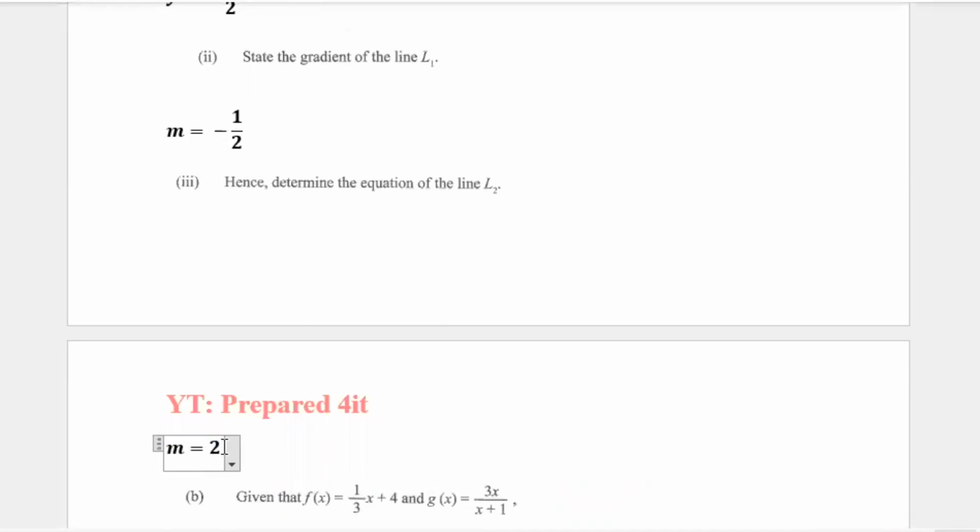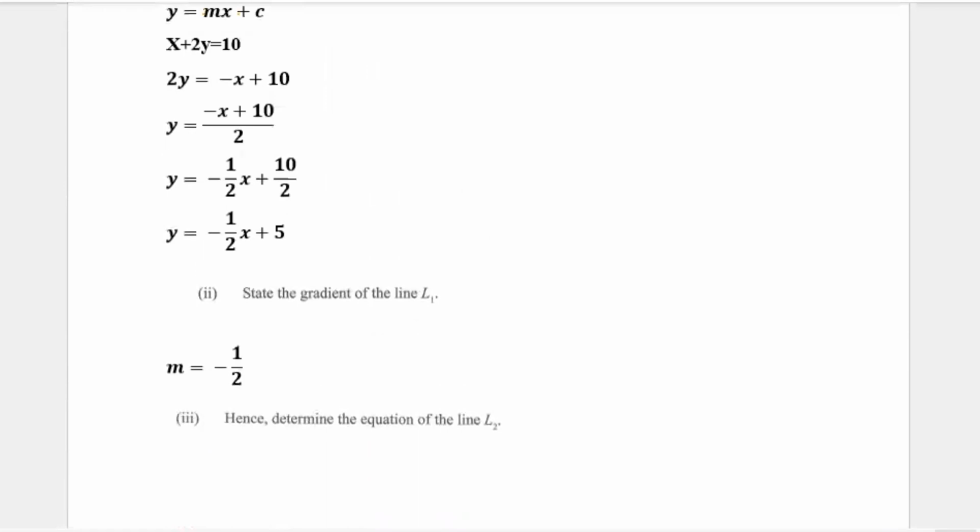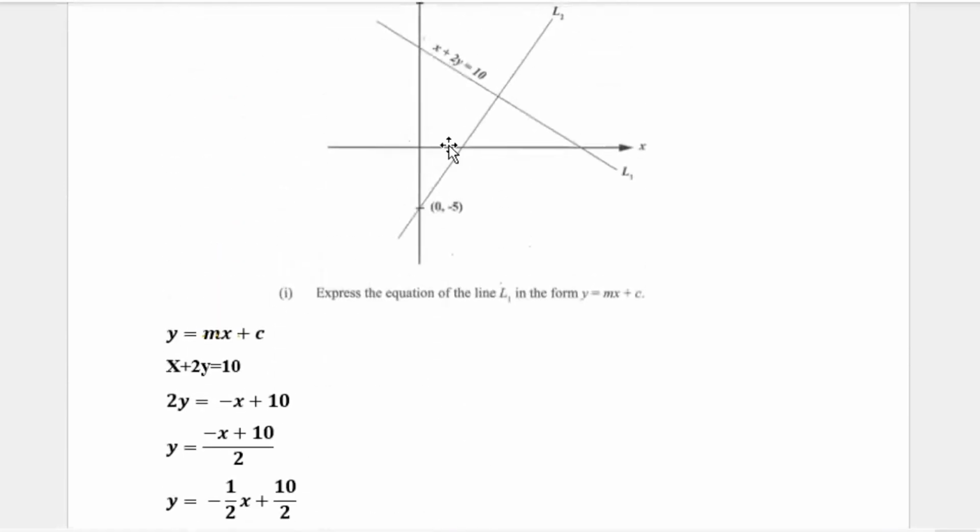And we're putting it in the form y is equal to mx plus c. And if you remember, the question above told us where line 2 cuts the y-axis. They said it's 0, -5.